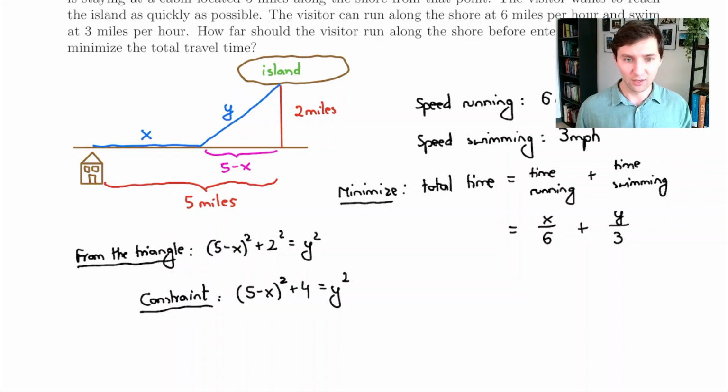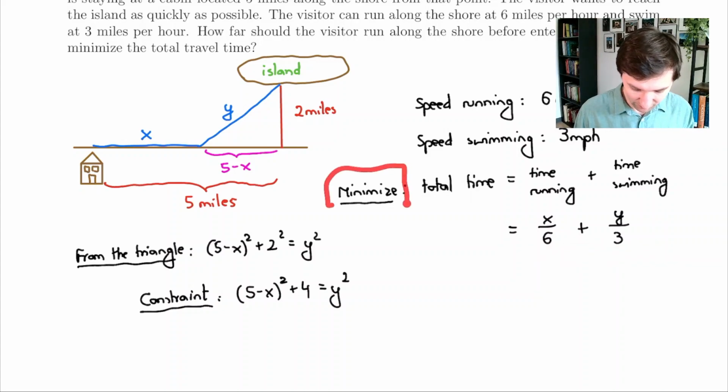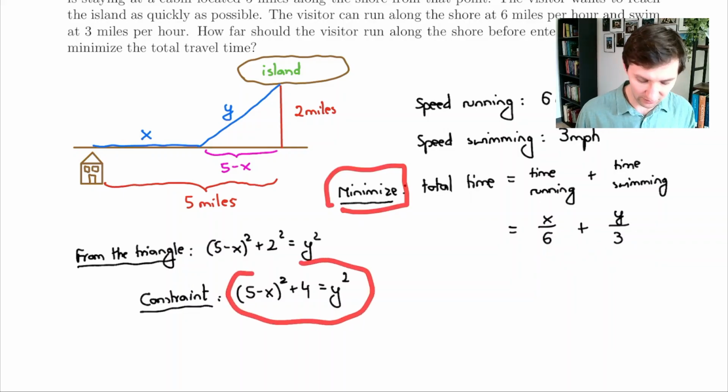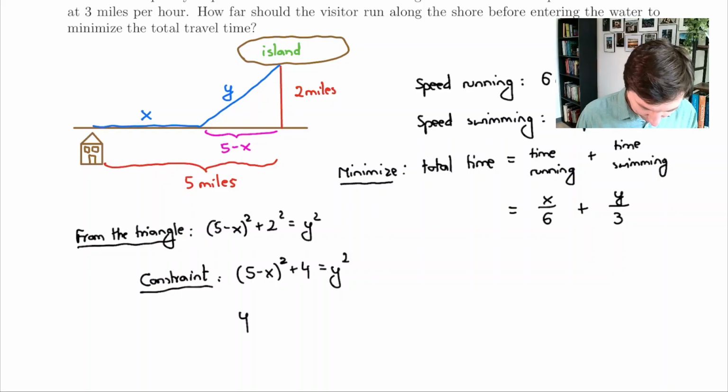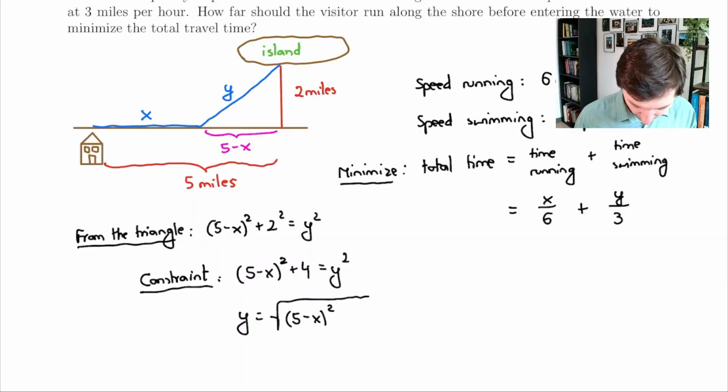What I can do here is solve this for y and plug it into my function, which I want to minimize or maximize. In this case, minimize. Let's solve the constraint for y. I take the square root on both sides and I get that y equals the square root of (5 minus x) squared plus 4.